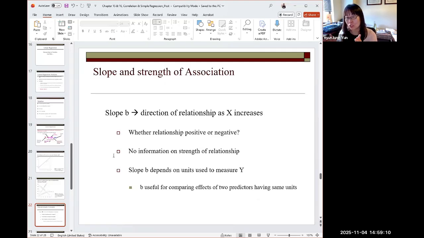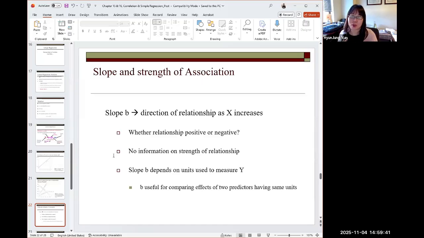If the unit of analysis is wider, maybe the slope is flatter, and if the units are more condensed, the slope can be steeper, with a smaller increment for each y and x variable.